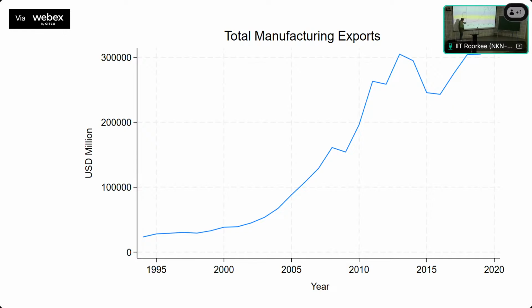This was about 25,000 million US dollars, and it increased up to 3 lakh million US dollars, so about 3 trillion US dollars of export. So that's a significant change.